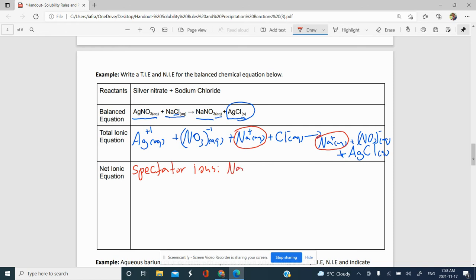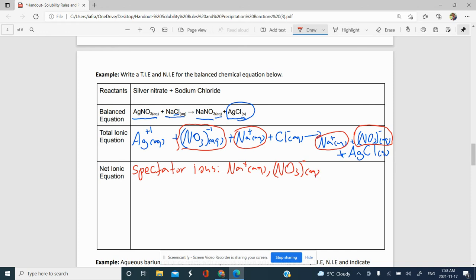So Na plus Aq is a spectator ion. And essentially, you could cancel that one out. And you'll also notice that the NO3 repeats on both sides as well. And so you can cut that out because it's a spectator ion. In other words, it's on both sides in the same way, so it's really unchanged.